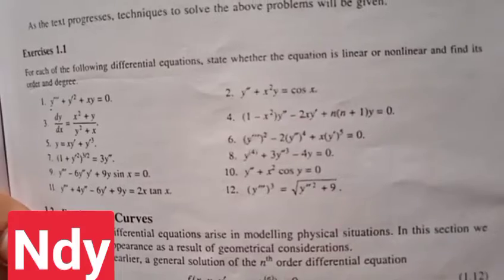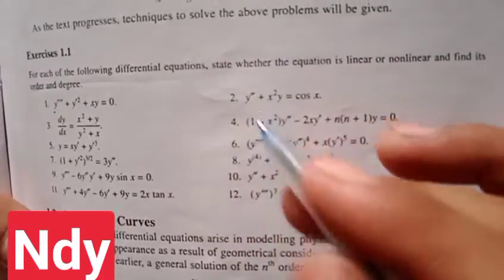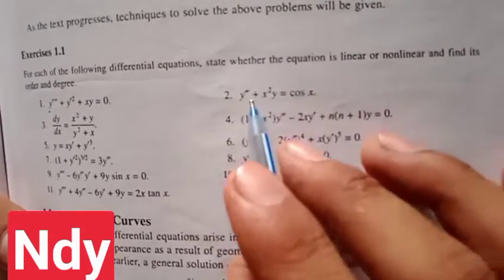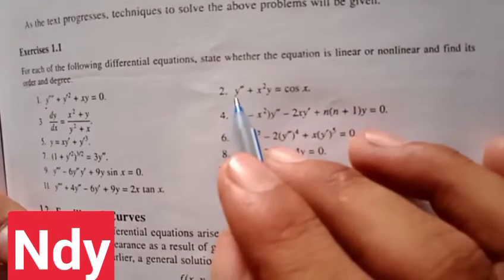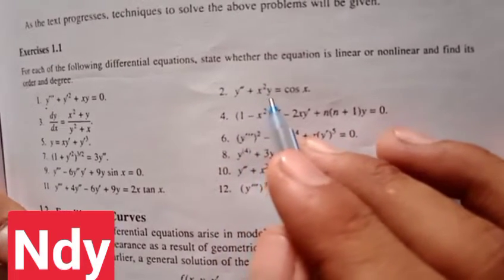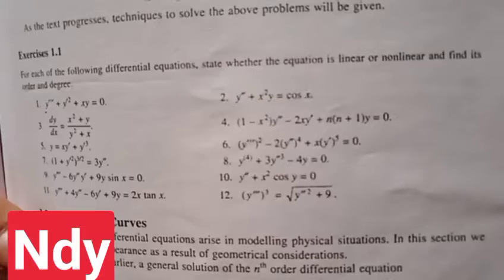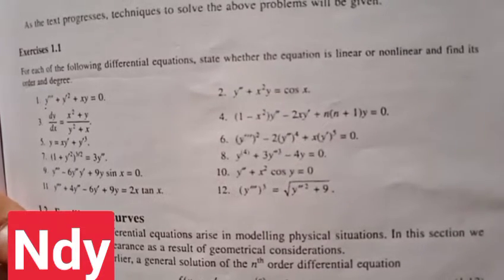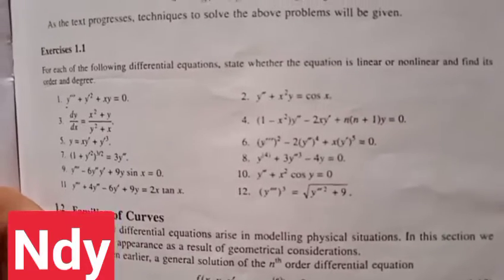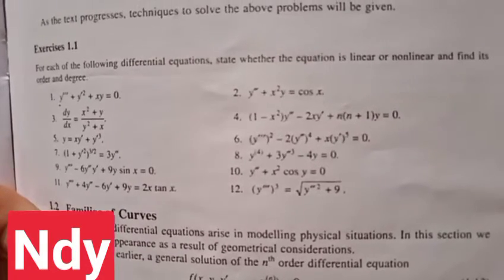In this case, the highest order derivative is second, so its order is 2, and its power is 1, so its degree is 1. We can write this differential equation in that general form, in which either the dependent variable or its derivative has no power other than 1 and 0.